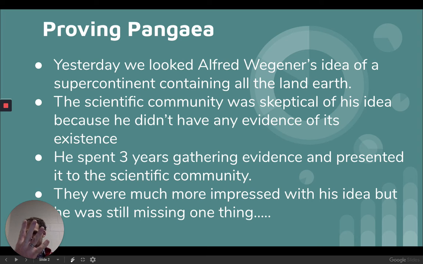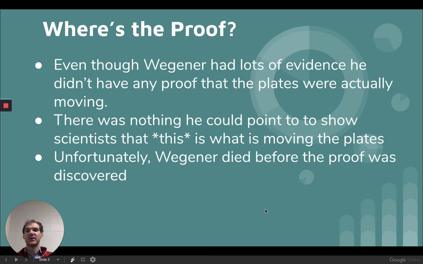And then 4, the glacial evidence. He found evidence of glaciers on land and continents that now have very warm climates, and even during the last ice age could not have had glaciers on them. So those are 4 pieces of evidence. They were impressed, but he was still missing one thing. He was missing the proof.